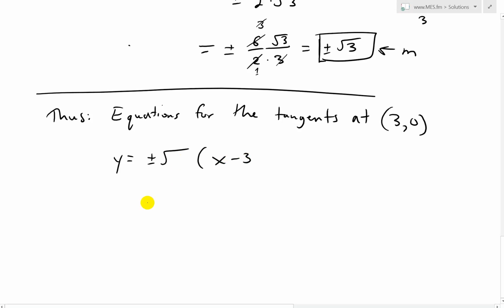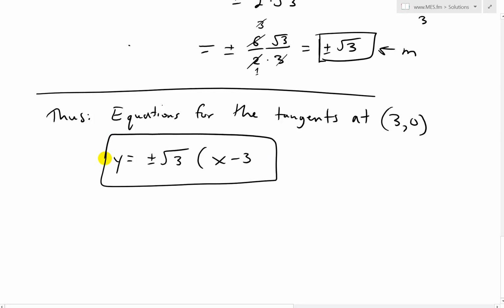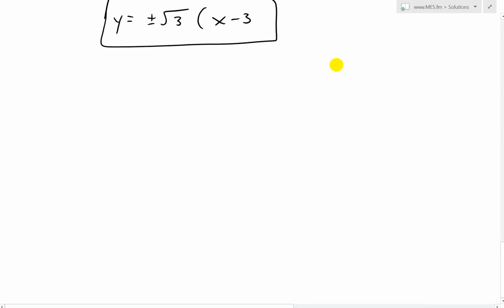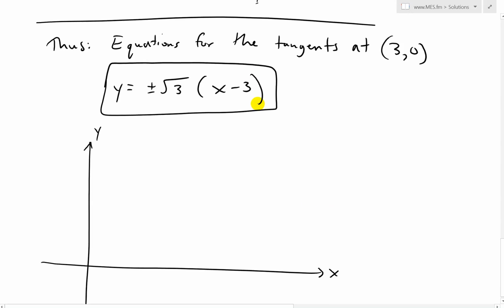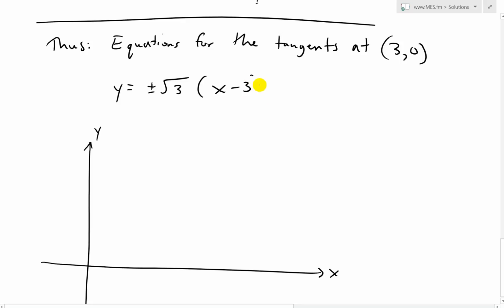These are two equations because it's either plus or minus. So that's the solution. Let's box this in again. And if you think about how the graph looks, if you draw x and y like this, and move over to the coordinate (3, 0).